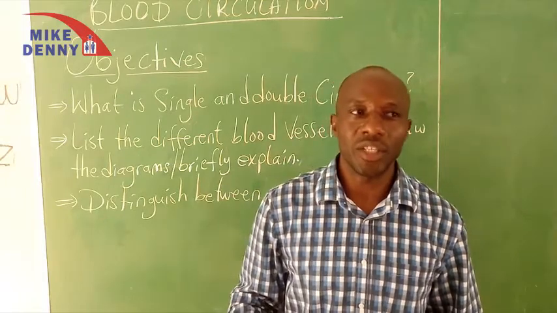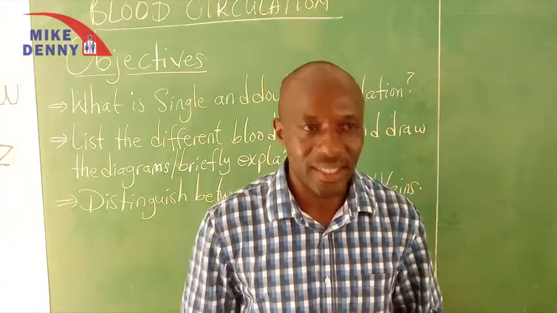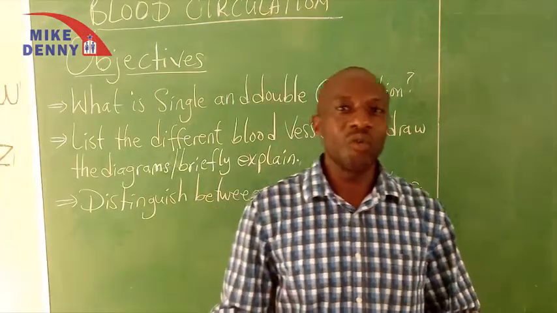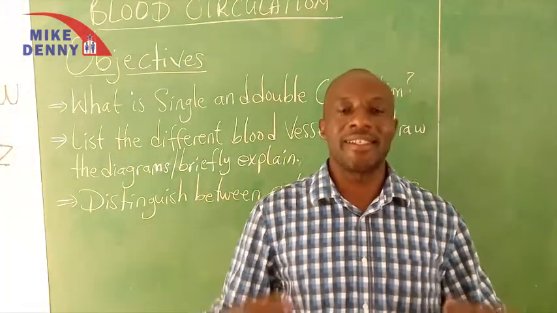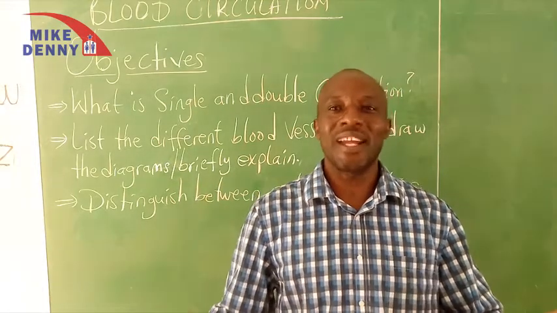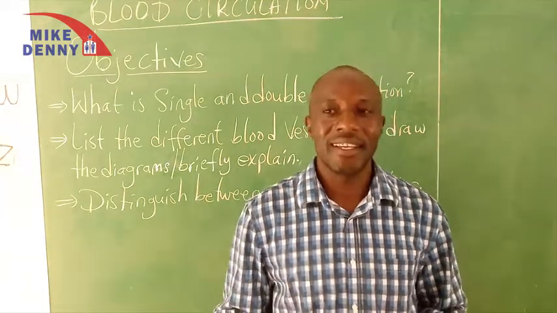That is single circulation. Then what is double circulation? It is one in which blood passes through the heart twice to complete a cycle.